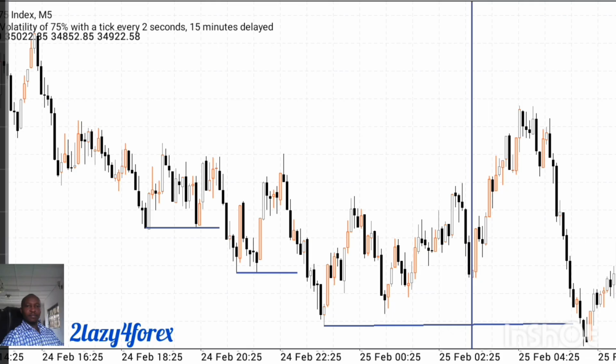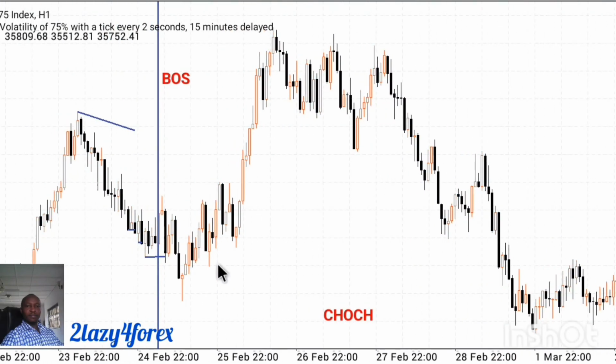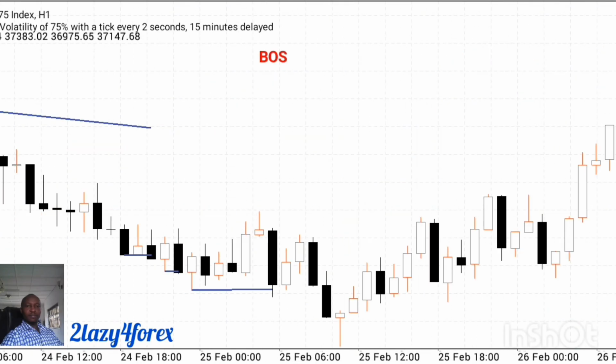So now let's go back to our 1 hour chart. From what we marked on the 5 minutes chart, look at it. We said this was a high, this was another high, and this is the last high.